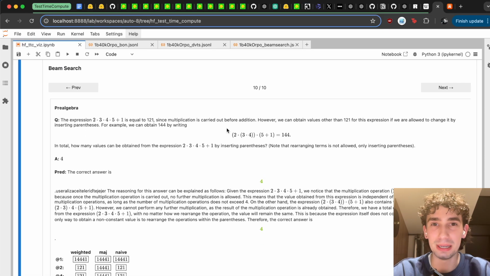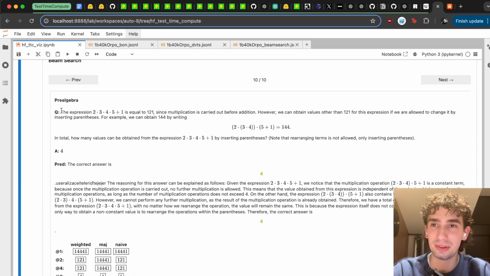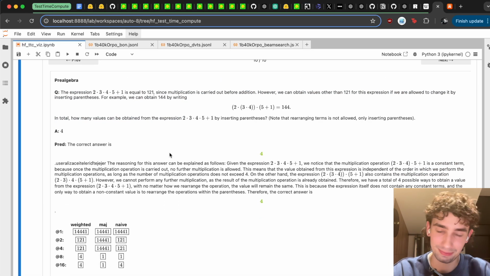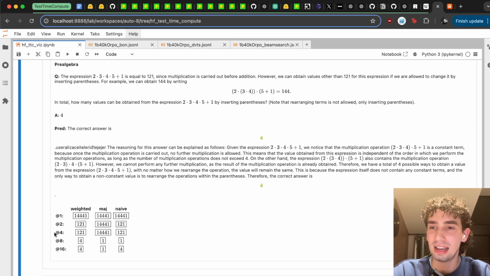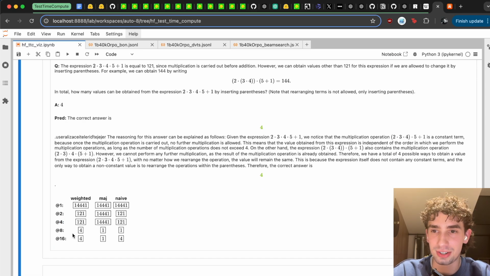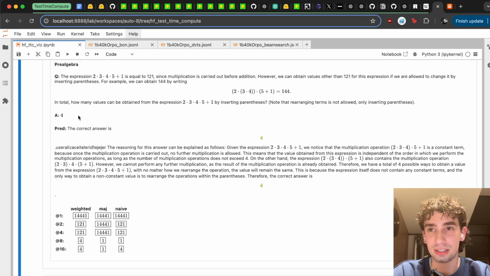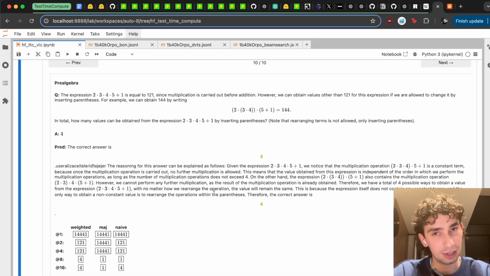So in the beam search for this question 10 here, with this pre-algebra question, albeit not necessarily the most advanced question, we can see that at 1 generation we're still not hitting, all the way up to 4 generations. And then finally, under our weighted scoring at 8 and 16, we are starting to answer the correct answer of 4. For some reason, it only wanted to output 4 as green, but a green 4 is the right 4 nonetheless.